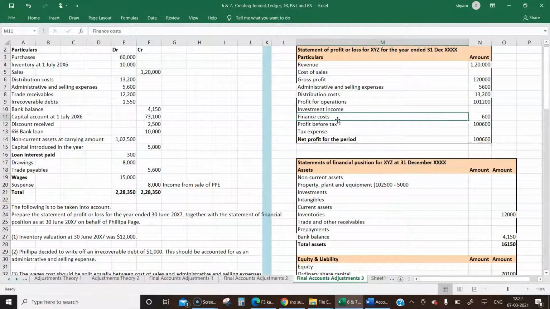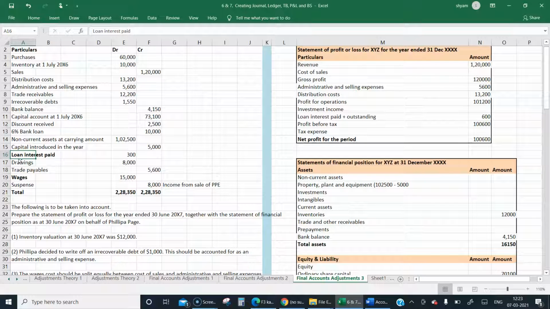So it's loan interest, paid plus outstanding. So that's about this one.